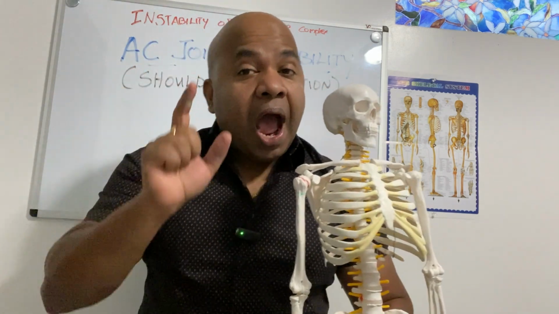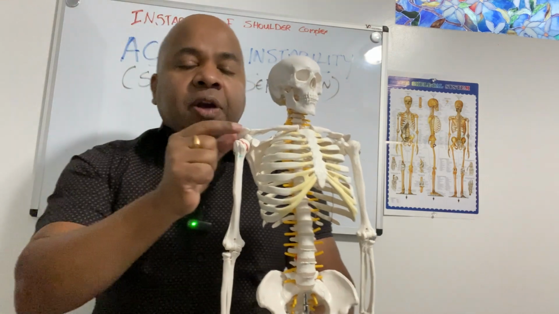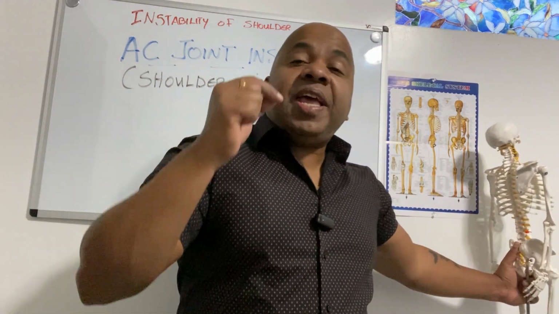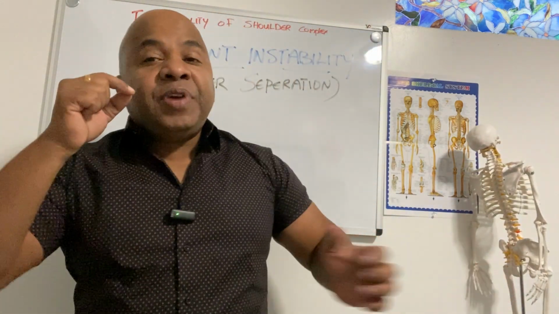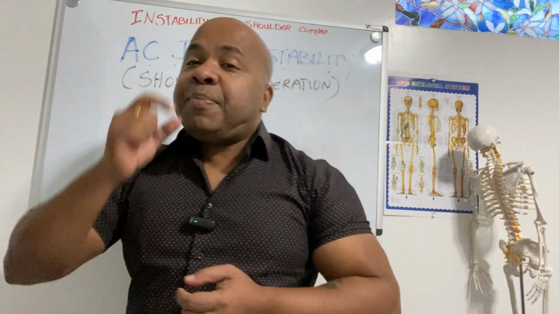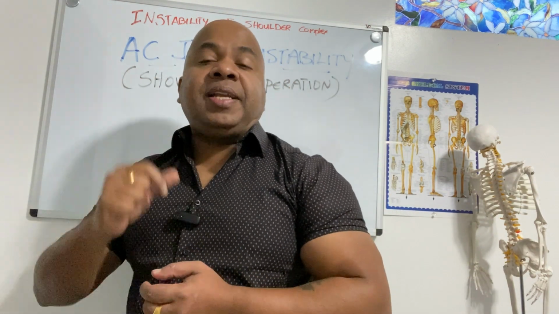Here you have to focus on how the glenoid fossa moves, because it is very hard to visualize the movement taking place at the acromioclavicular joint, because these movements are very minimal. So in order to analyze the movement, you have to focus on the movement of the glenoid fossa.